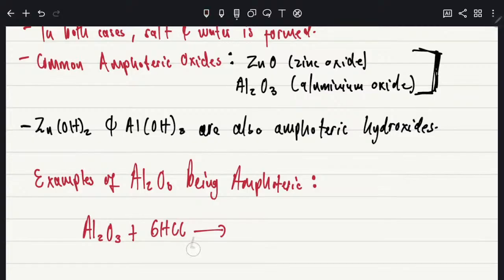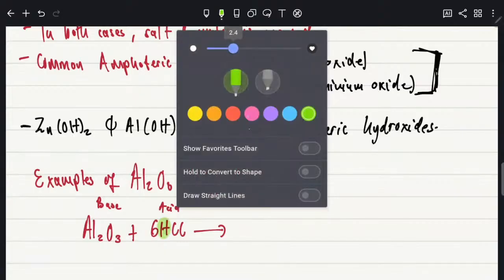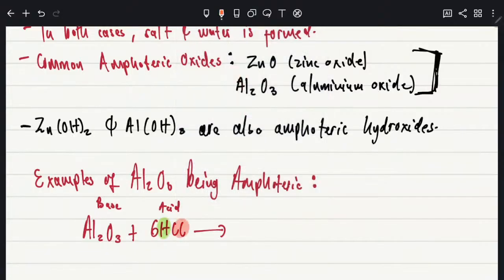It's meeting an acid, so it is going to behave like a base. The acid will not give anyone its hydrogen, so it will give away the chlorine. The chlorine will take aluminium. So you have aluminium chloride, plus the hydrogen meets oxygen to give 3 waters.